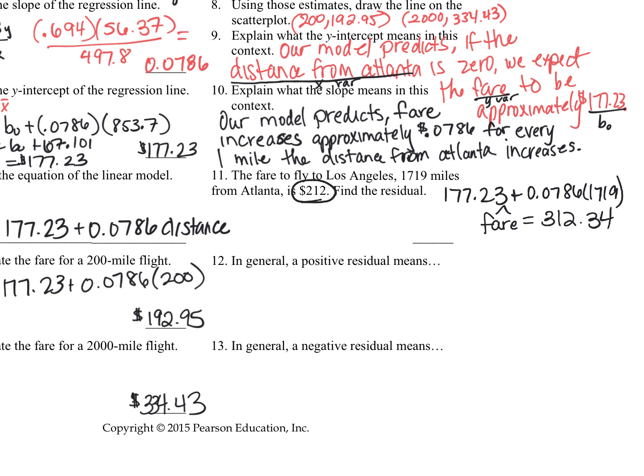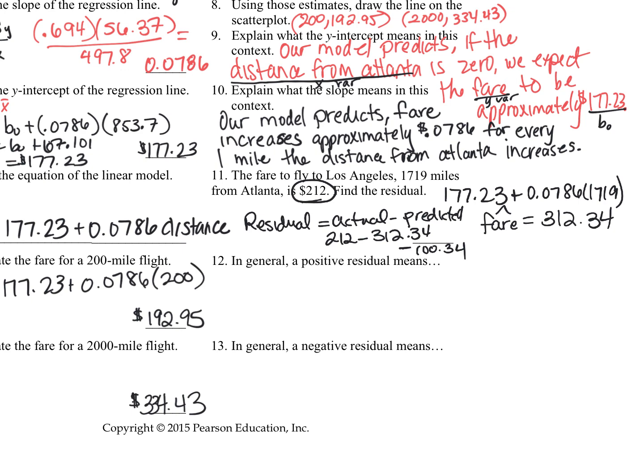So if our fare is predicted to be $312.34, remember the residual is the actual minus predicted. So that's 212 minus 312.34, which is negative 112.34, or no, 100.34. I can subtract, I promise. Okay, a negative residual means the cost is less than we would expect.